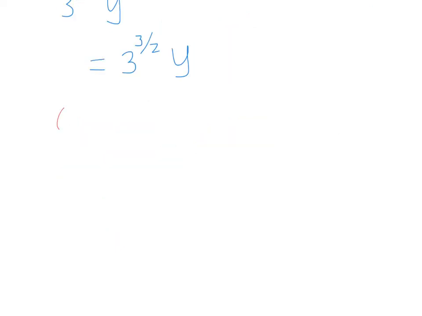Okay, here's another one. In parentheses, x minus x to the 1/2 times x plus x to the 1/2. Because both of those factors that we're multiplying together have 2 terms each, we're going to be able to use FOIL to multiply these.